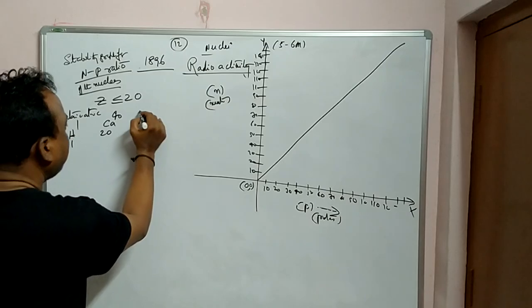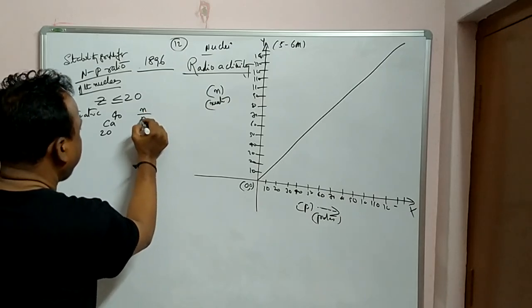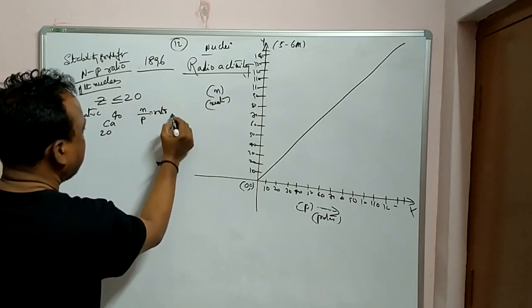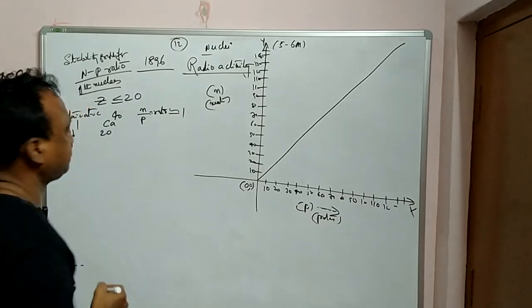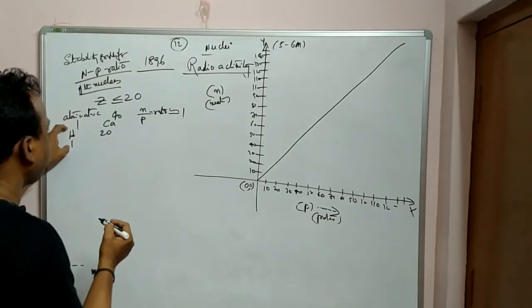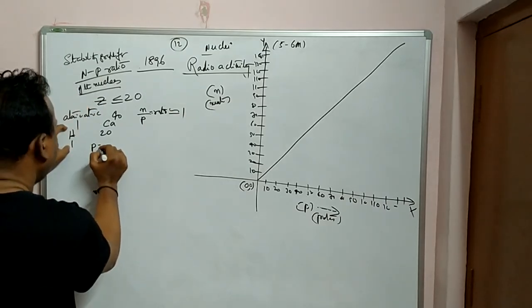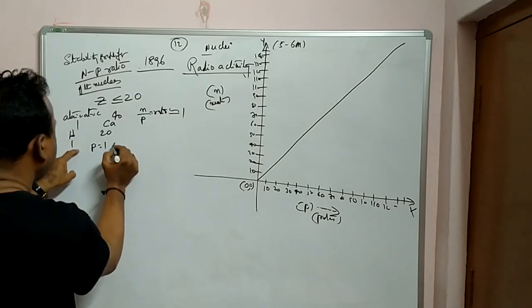The neutron-proton ratio is almost equal to 1. For example, take hydrogen. How many protons are there? 1. Neutrons? 0.